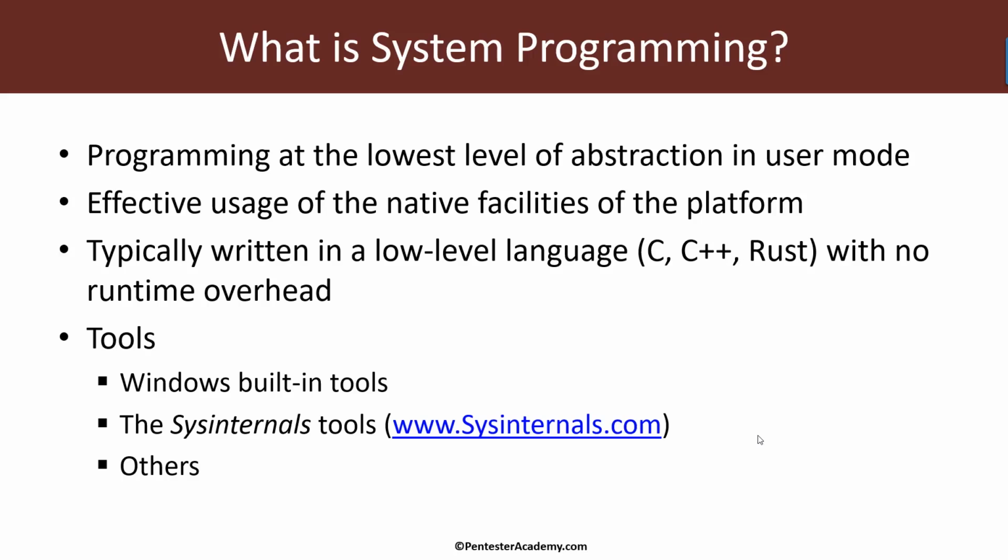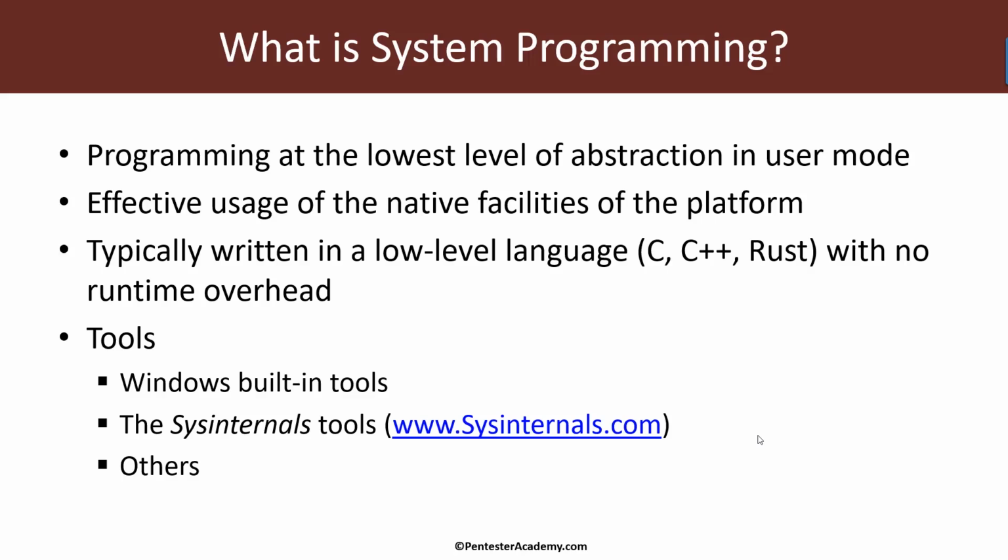The reason is that these are the least abstracted languages compared to the Windows API itself, which is of course also made up mostly of C functions. Technically you can use higher level languages such as C# or Java or Python or whatever you want, but you don't gain any special advantage here.